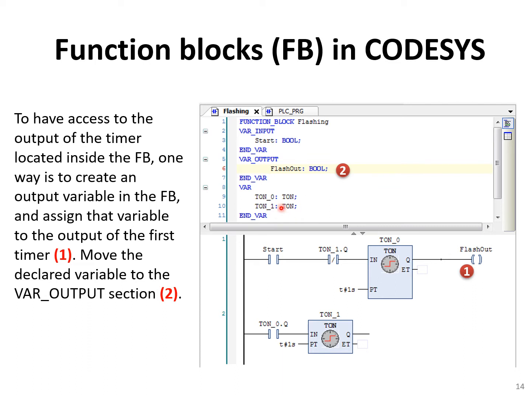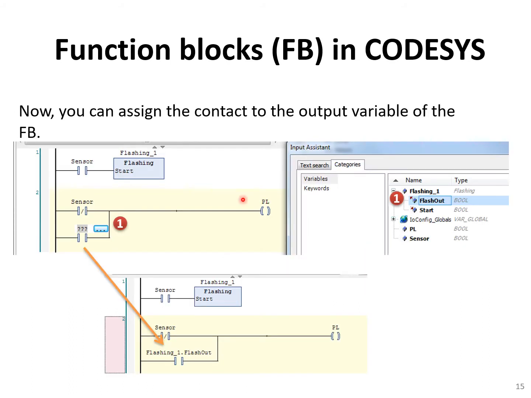What we need to do is move it to the VAR_OUT because we want to have access to this variable outside the FB. Now you can assign the contact to the output variable of the FB. So here, once we click it in the list of flashing one, we could see the flash out variable.